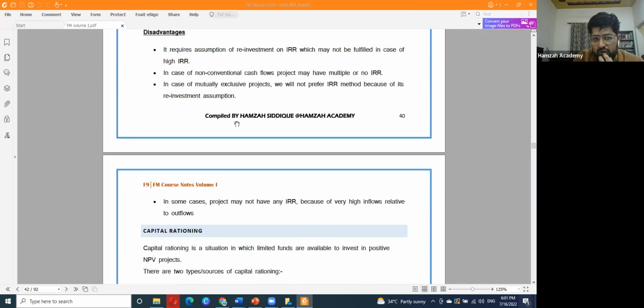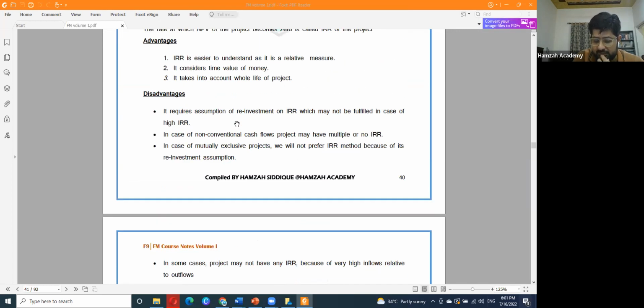From 34 to page 40. This is what you have to prepare at home.